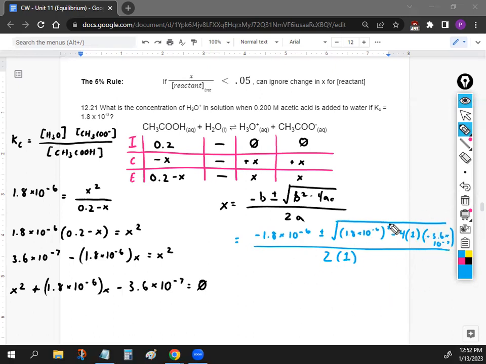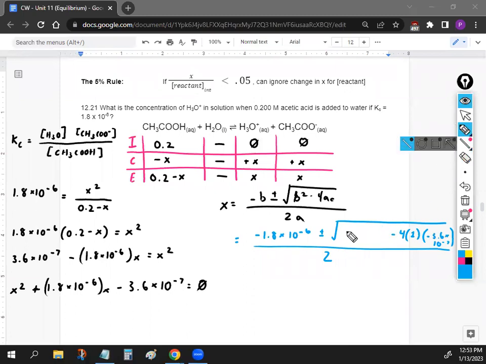Okay, I'm actually going to start replacing numbers because I'm going to run out of space. Let's start with the easy one: the denominator is just 2. For the b squared, that should give you 3.24 times 10 to the negative 12, so we replace that right here.